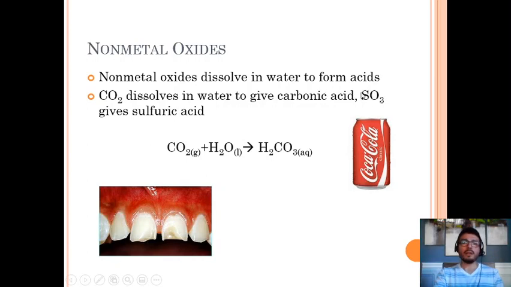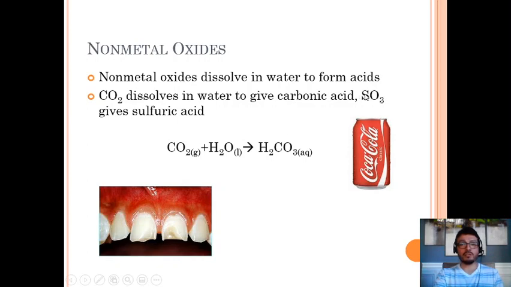Okay, here we are. And so sulfur, just a different example thrown in. Sulfur trioxide will give sulfuric acid.